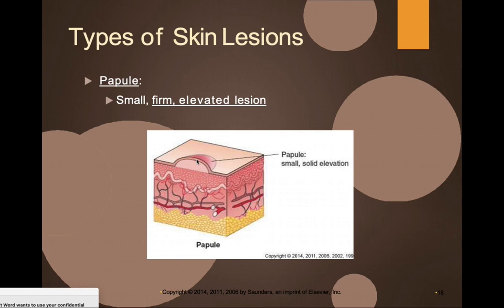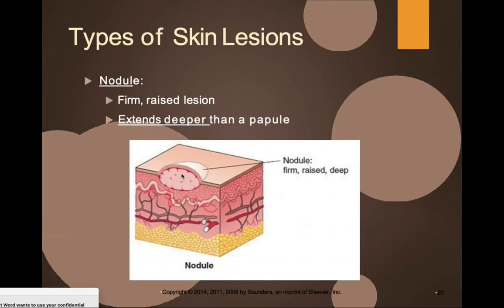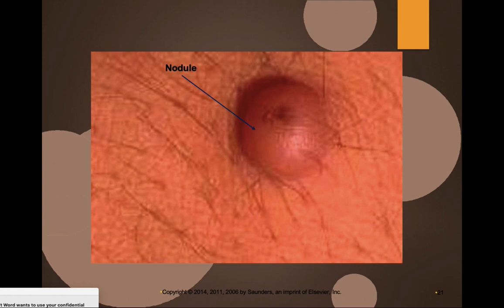But if we look, it doesn't go into the deeper layers of the epidermis like any of those stratum layers. But if we look here, we can see not only does it elevate and go upward, but it also permeates a little bit deeper into the stratum layers, okay? Not necessarily into the dermis, but to the deeper stratum layers. That's a nodule.